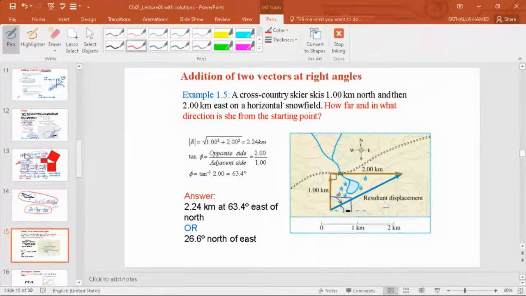A cross-country skier skis 1 kilometer north, then 2 kilometers east on a horizontal surface. How far and in what direction is she from the starting point?